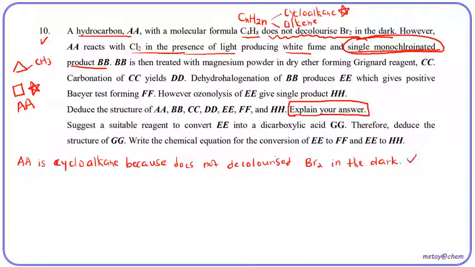That is one mark, and then another mark: A is cyclobutane.